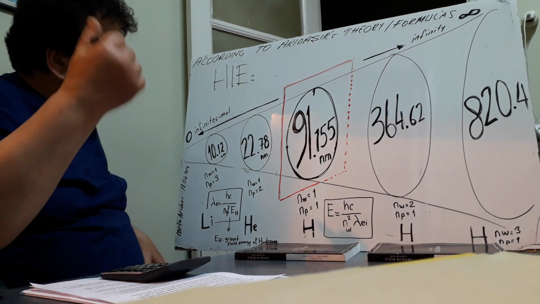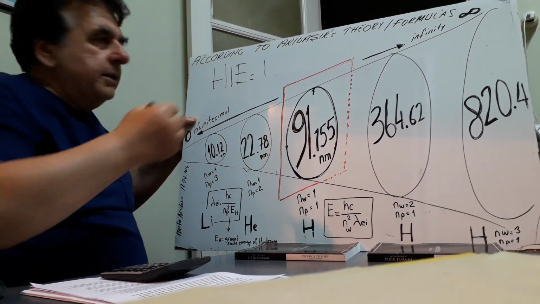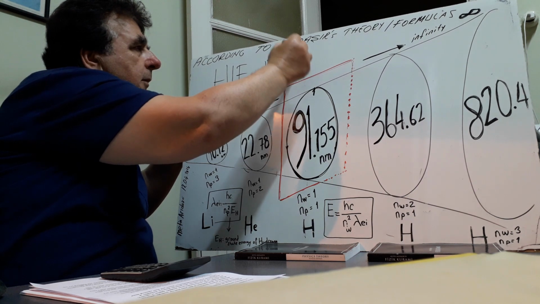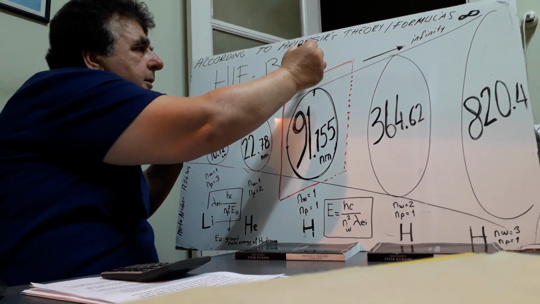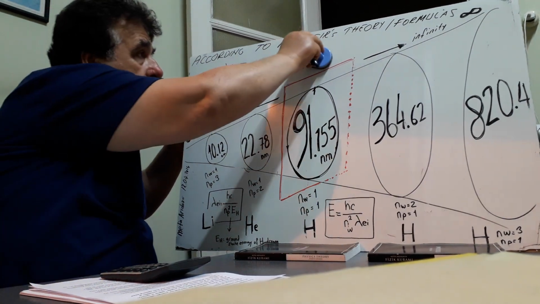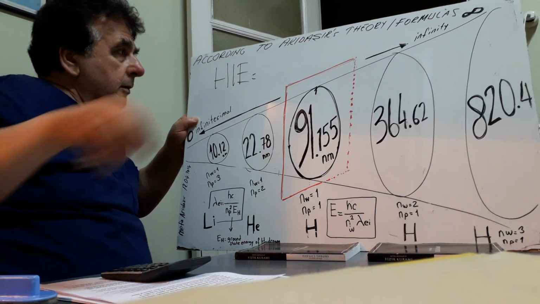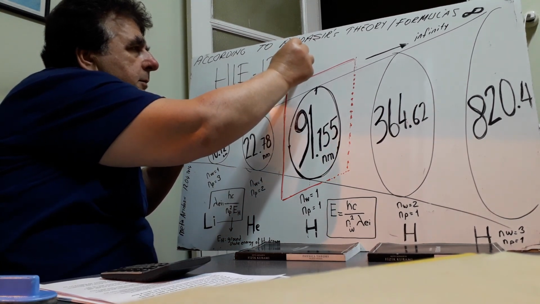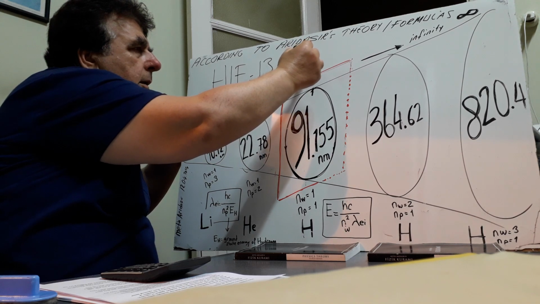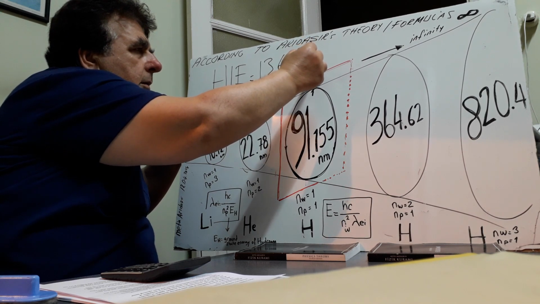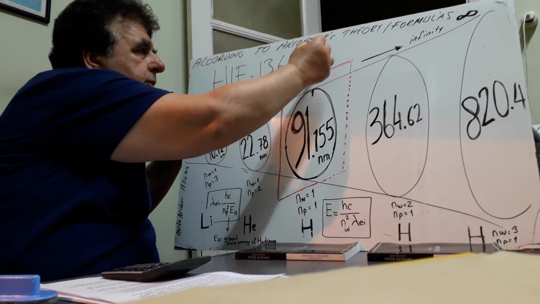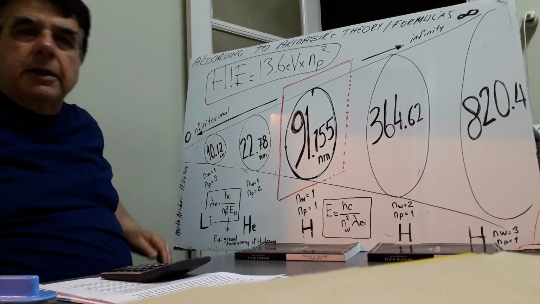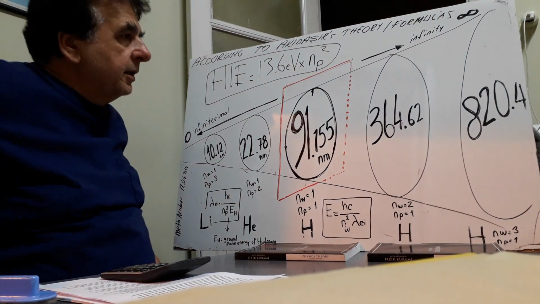We say now EV square, okay? EV multiplied by N proton square. Highest ionization energy formula for multielectron atoms, okay?